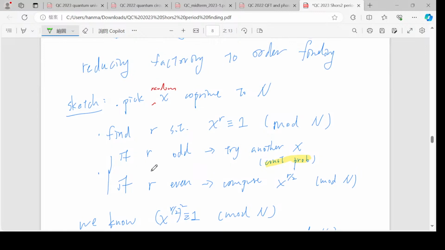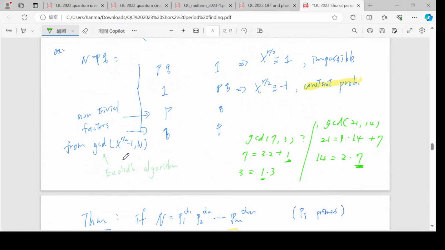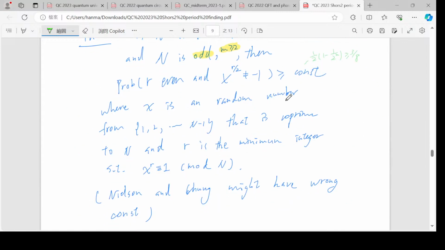So the probability that you draw an x that's good enough such that you get a factor through this calculation is greater or equal to a constant. The book calculation is a bit weird, but anyway, it will be a constant, something about 3 over 8.